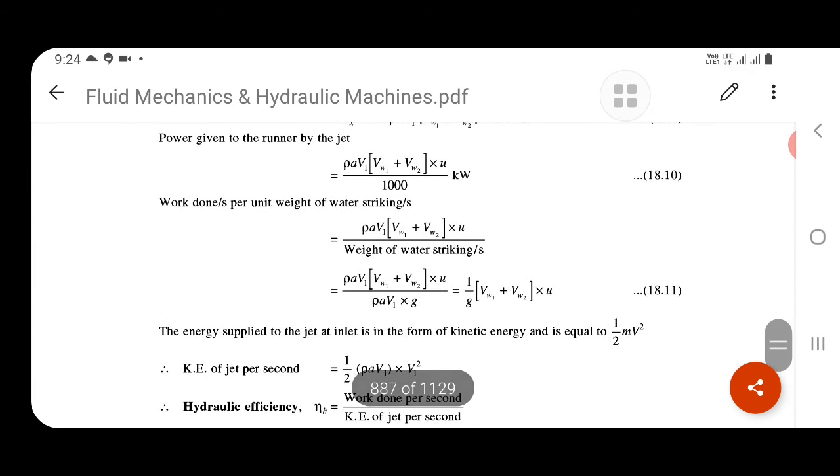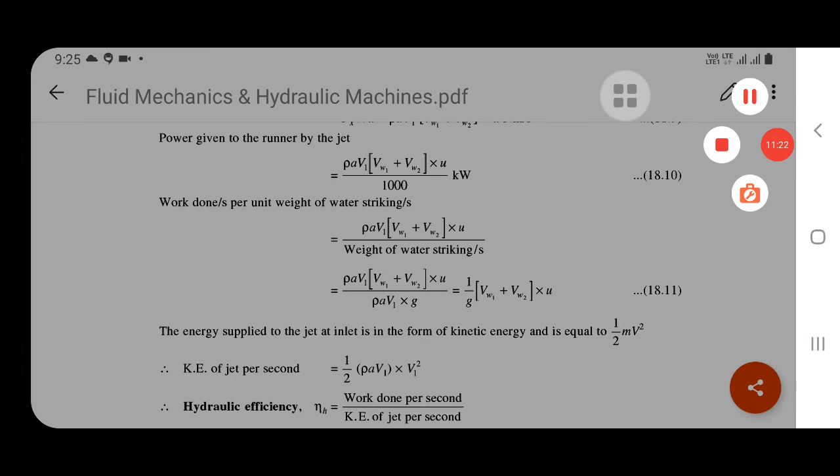Next, the energy at inlet in the form of kinetic energy is equal to half m v square. So this is required, half m v square. So the kinetic energy is half rho a V1 into V1 square. With the help of that, this is the kinetic energy and work done formula.